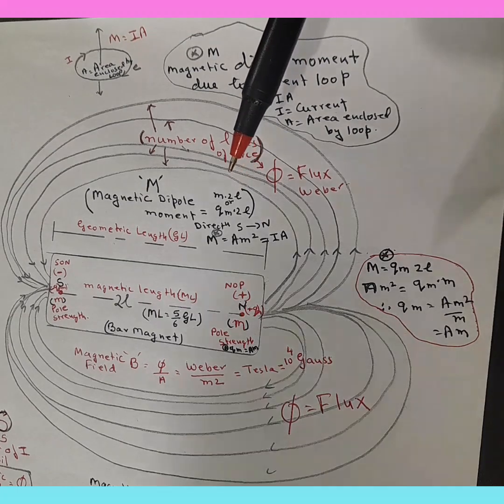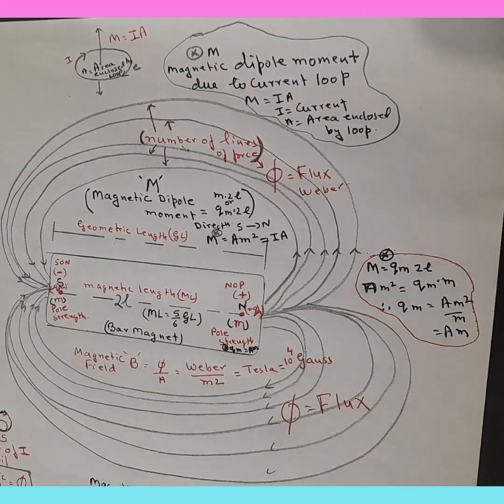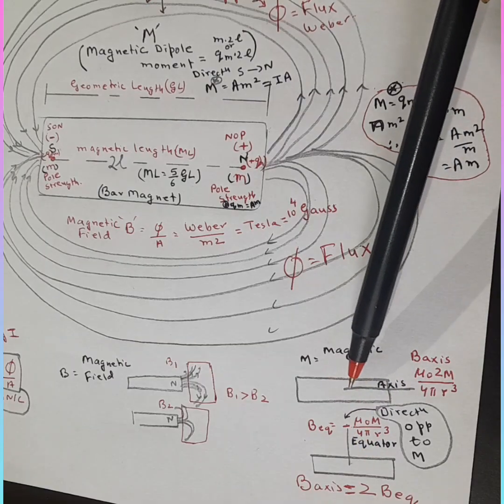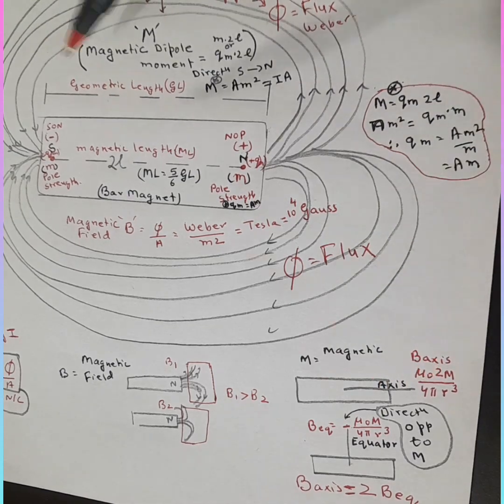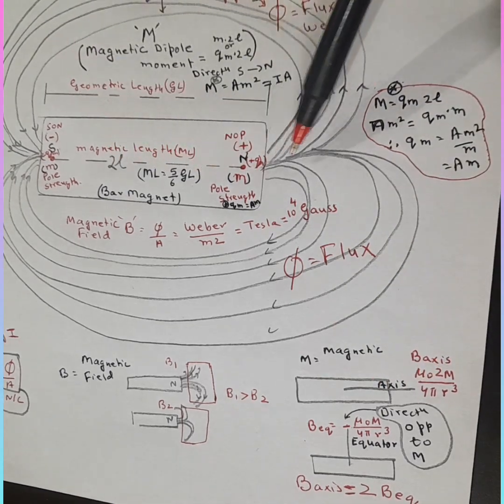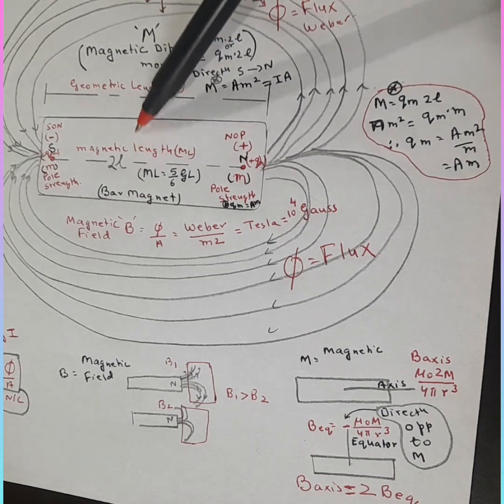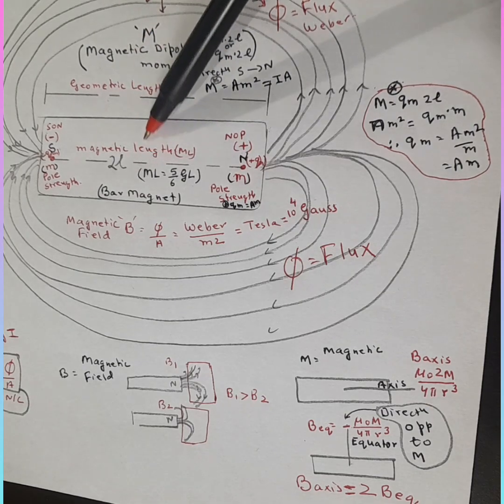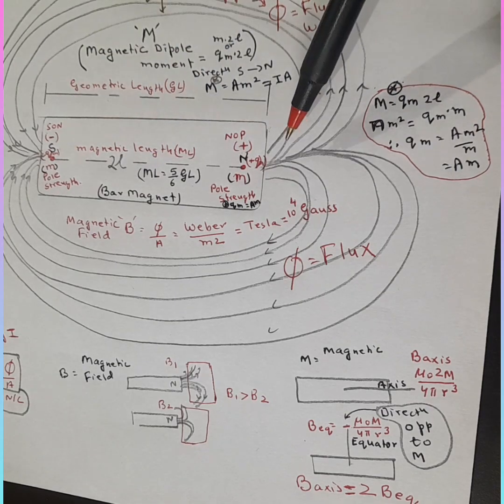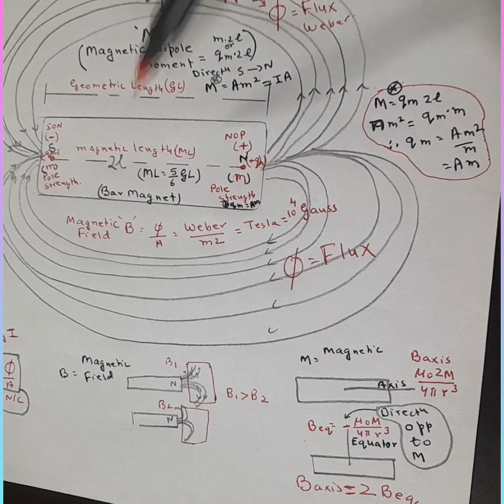Now when we are talking about magnet, let's get further into it. These are two magnets. Now this is the axis of magnet, and this is the equator. From the center point, when you go perpendicular to the length of magnet, that is what is equator.